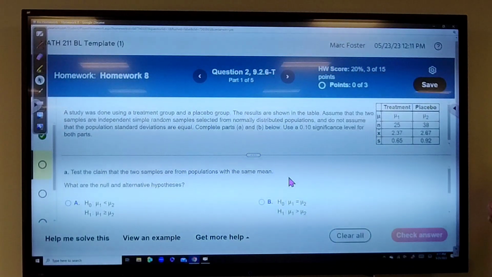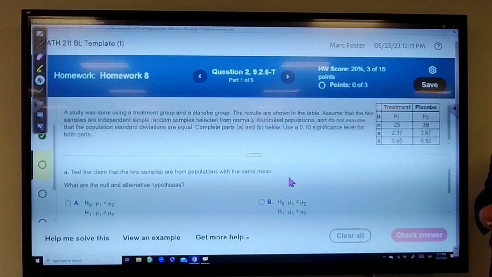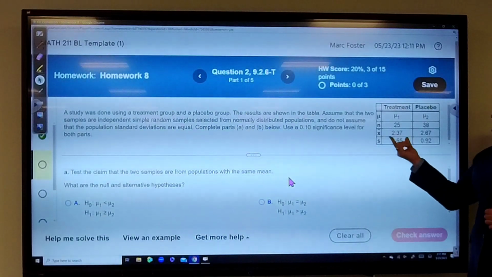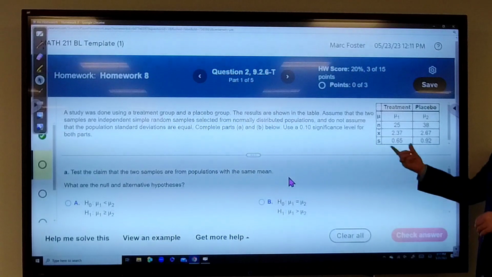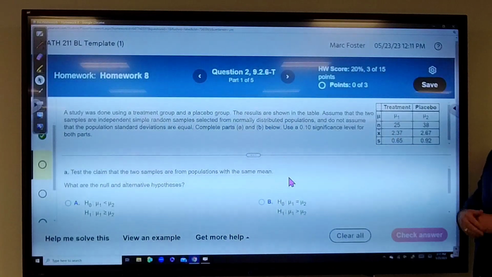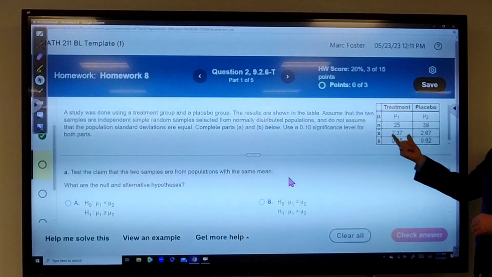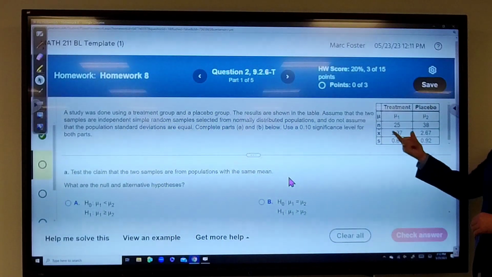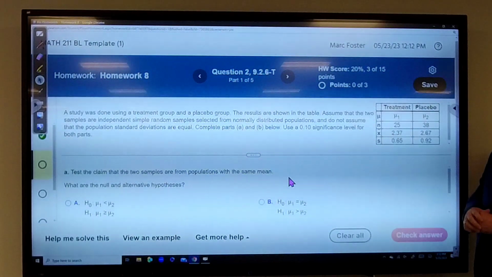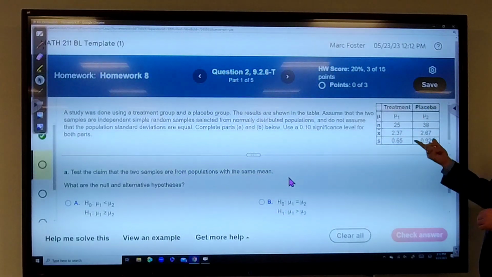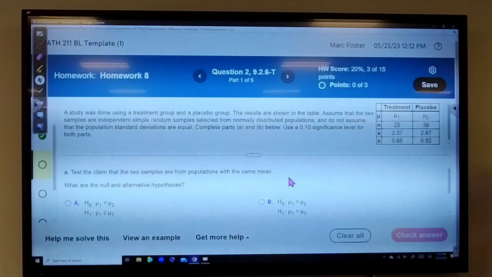Maybe it's an antibiotic, and somehow this is a measure of bacteria colonies in some wound or something. And if you got treatment, then you had less bacteria than if you had the placebo.